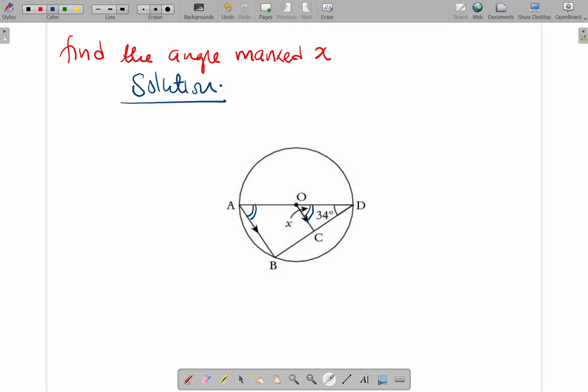So now we can rely on the property that says the angle inside the semicircle is going to be 90 degrees. So I know that this angle here is going to be 90 degrees from the previous video. So if I find the value here, this angle here is going to be exactly as the angle there.